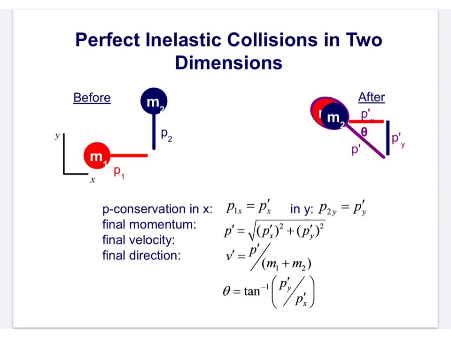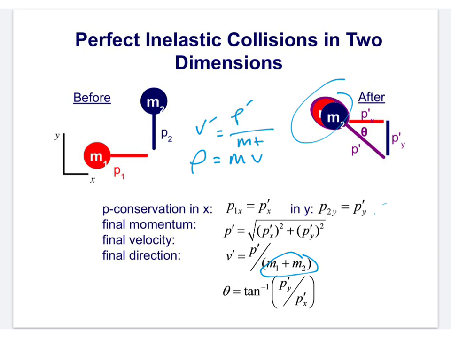One thing that you do get to know is the velocity is equivalent to momentum divided by combined mass because it's an inelastic collision, meaning your masses stick together. What we know is momentum is equal to mv. If I'm looking for final velocity, then that's going to be final momentum divided by entangled masses, m1 and m2.